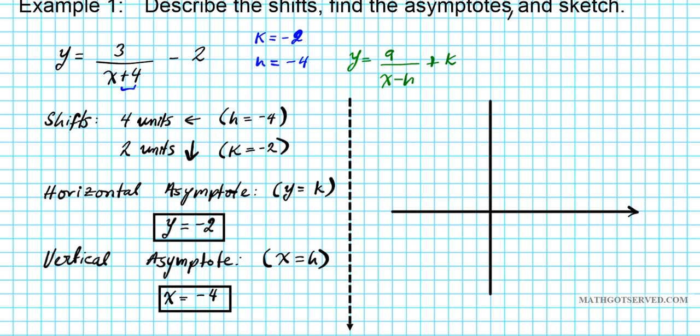Let me label my axes y and x. I'm going to shift my y-axis to the left a little bit since my vertical asymptote is negative. There. Now, x equals -4.